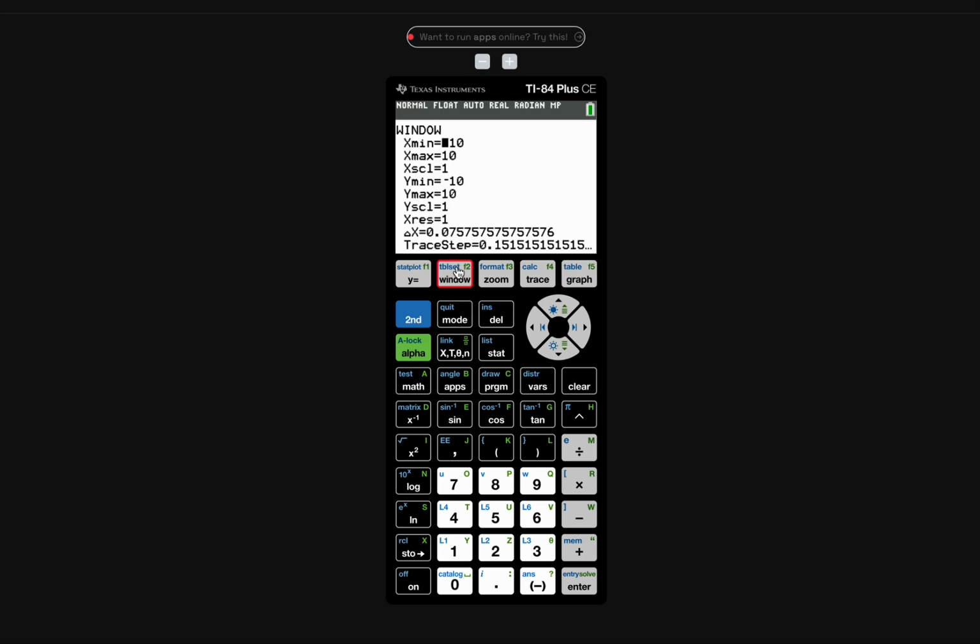I'm going to change x min to maybe -50. So I'm just making the window bigger, and then x max to +50, and then maybe y min to -50. I'm just picking random values, just guessing here. And then y max to +50. And then we hit graph again.